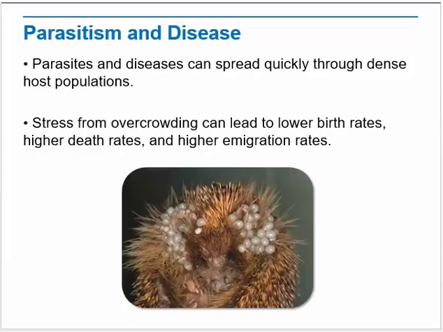So this drop in the wolf population gave the moose population a chance to just skyrocket to 2,400 moose. Those densely packed moose then became infested themselves with winter ticks, and that caused hair loss and weakness amongst the moose.